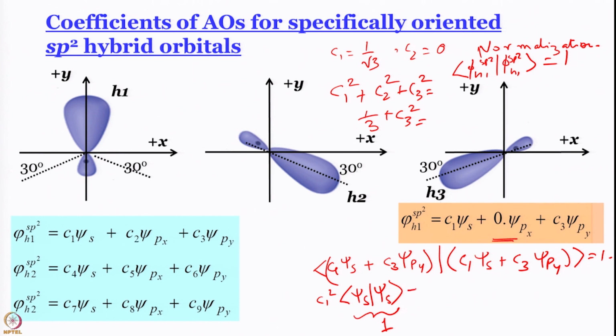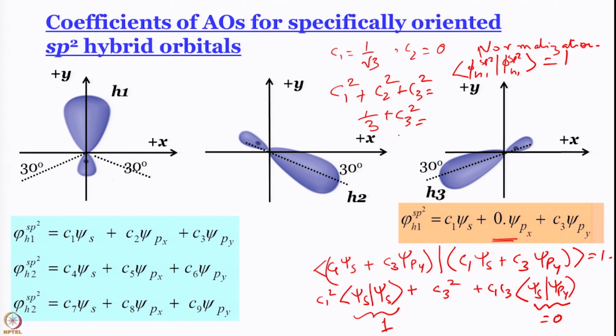Similarly, I can get C3 square, again I will get psi py into psi py integral whole square, plus I write C1 C3 integral psi s psi py, that is going to be equal to 0, because this s and p are orthogonal to each other. Similarly, the last term will also be equal to 0. So, C1 square plus C3 square will be equal to 1.